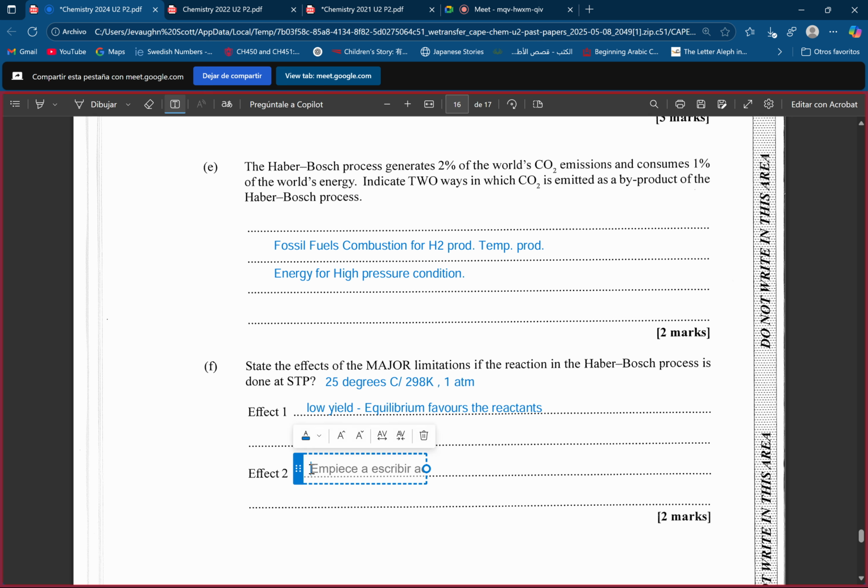Not only will we have a low yield because it favors the reactant side, but because of the low temperature, we're going to have a slow rate. So we're going to have insufficient collisions, from collision theory in Module 2 of Unit 1 chemistry.